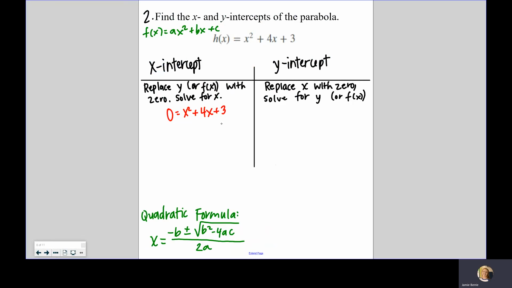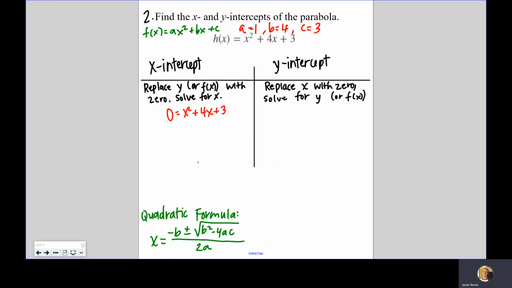So all of the expressions have to be on the other side of the equation. All right, so let's identify a, b, and c in our example. Here, a is equal to 1. B is equal to 4, and c is equal to 3.